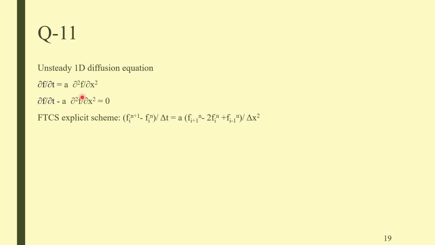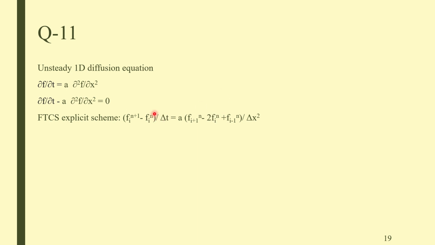But if we use a forward in time and central in space explicit scheme, what would we get? (f_i^(n+1) minus f_i^n) divided by delta t, and on the RHS we have a times (f_(i+1)^n minus 2 times f_i^n plus f_(i-1)^n) at the nth time step, divided by delta x squared. This is the expansion for forward in time and central in space.